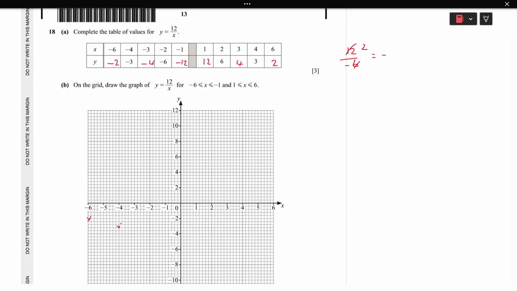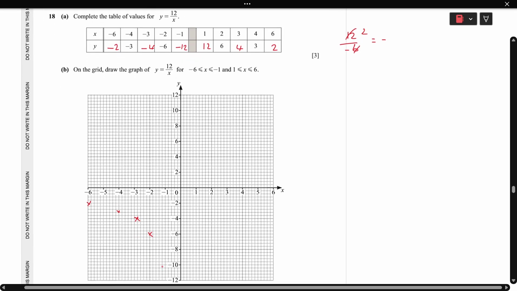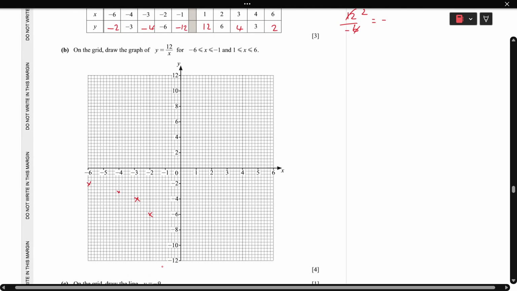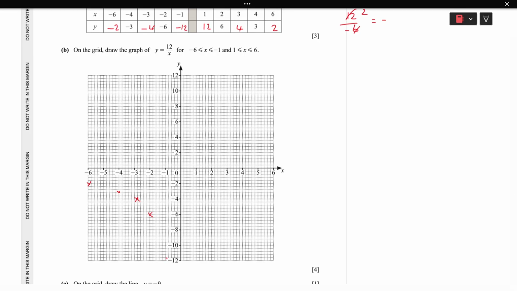Next, negative 3 and negative 4 is here. Next, negative 2 and negative 6 is going to be here. Next, negative 1 and negative 12 is going to be here.